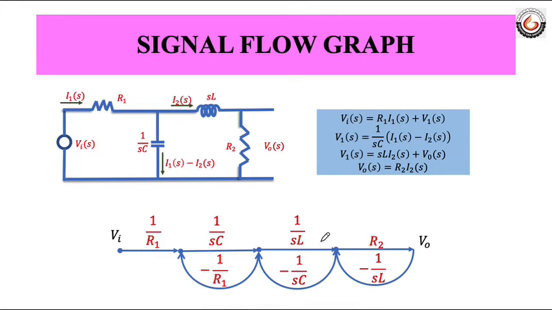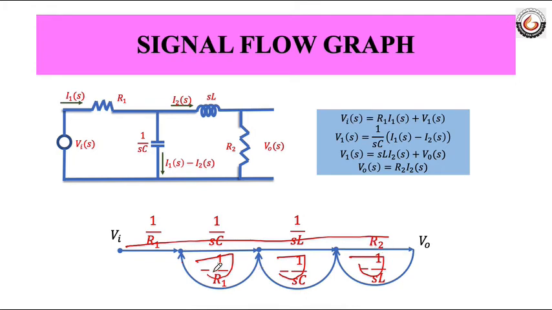So you can see there is only one forward path, okay, and its gain is, this is my forward path, and its gain will be 1 by R1 into 1 by SC into 1 by SL into R2. And then I have 3 loops, right? 1, 2, 3.